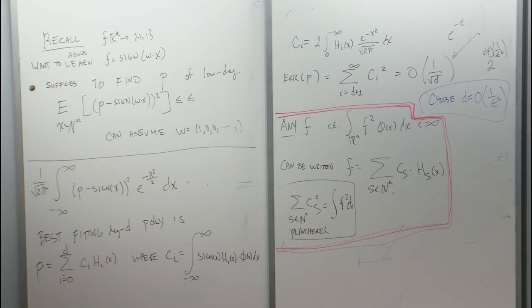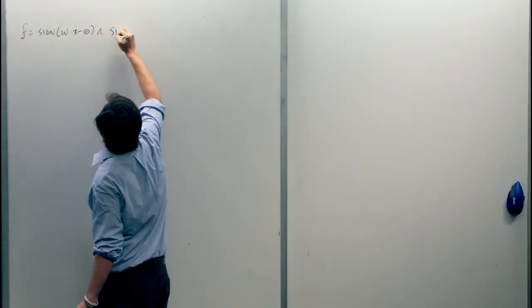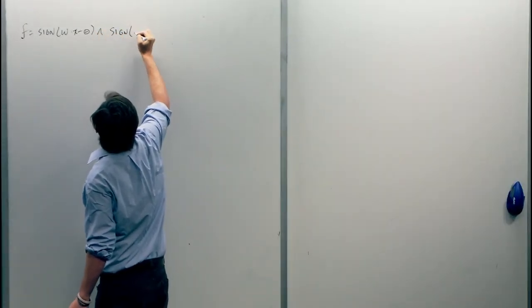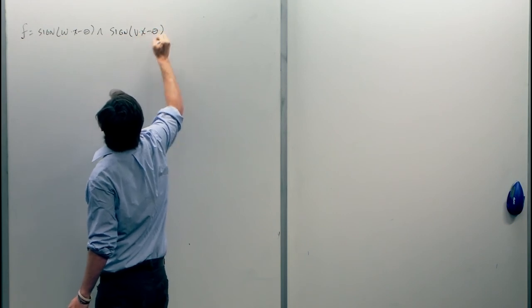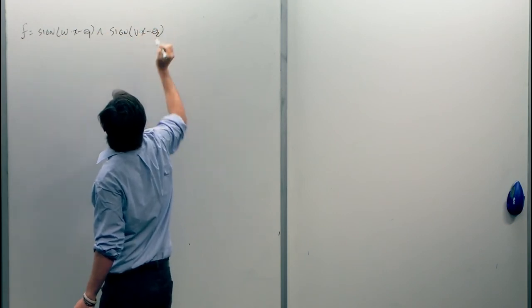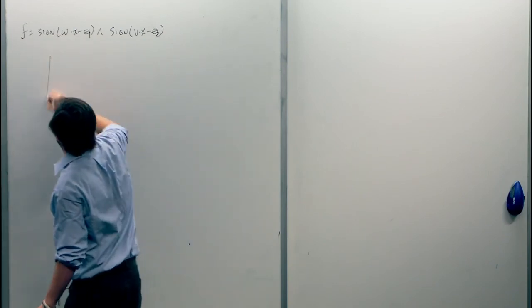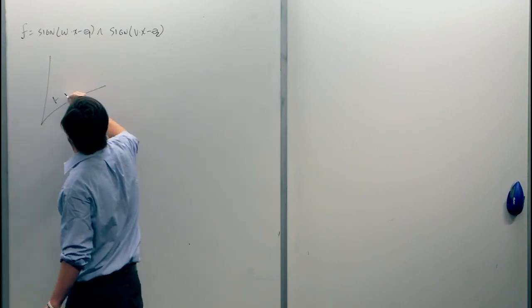Okay, so just looking ahead for a second, let's say we wanted to learn f equal to the sign of w dot x minus theta 1 and the sign of v dot x minus theta 2. So it's the intersection of two half spaces.